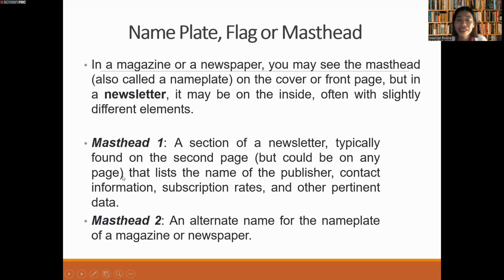That is the definition of the masthead that I was able to discuss. Now we also have masthead 2, an alternate name for the nameplate of a magazine or newspaper. So always remember, in masthead 1 we're talking about a newsletter, but masthead 2 is the alternate name for our nameplate of a magazine or newspaper. So that is masthead 2.